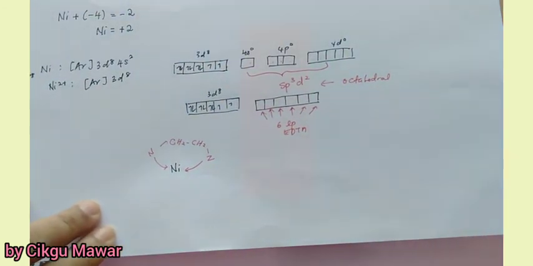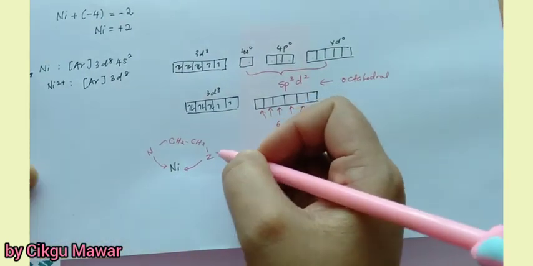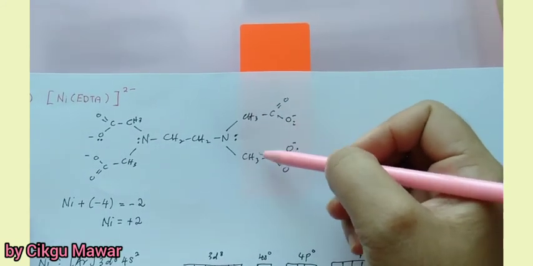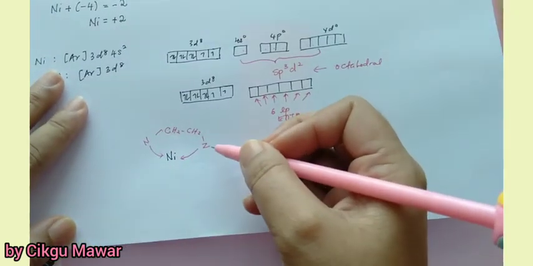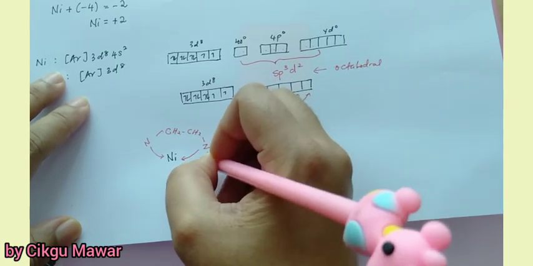For this N, it consists of 2 acetate groups bonded to one N. So this N will have 1 and 2.